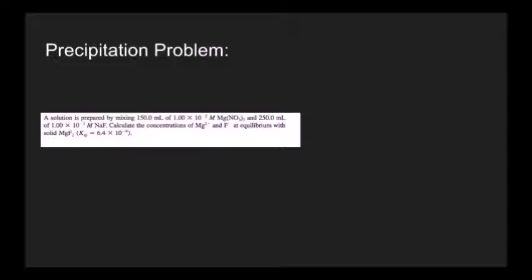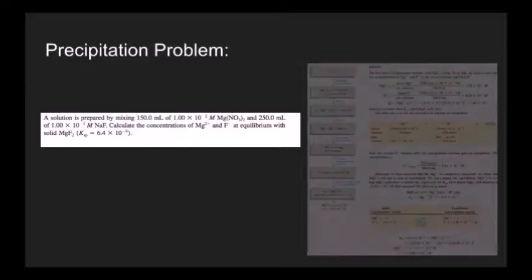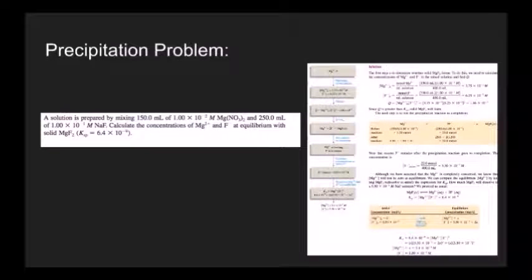So here's a precipitation problem. A solution is prepared by mixing 150 milliliters of 0.01 molarity Mg(NO3)2 and 250 milliliters of 0.1 molarity NaF. Calculate the concentrations of Mg2+ and F- at equilibrium with solid MgF2, with Ksp of 6.4 times 10 to the negative 9.